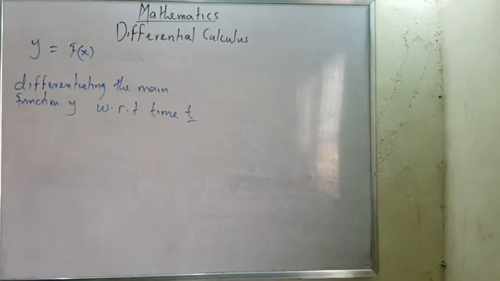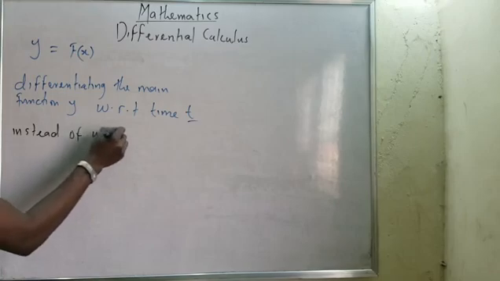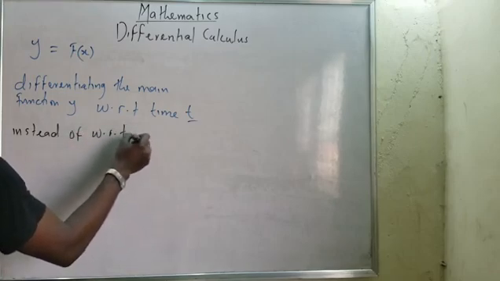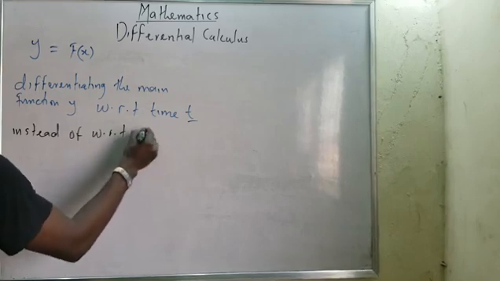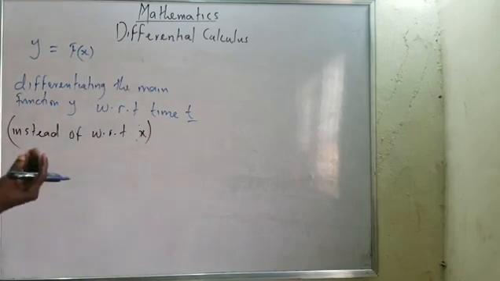That is what I'm trying to work on. Now I can say that instead of with respect to x, I'm good to go. But this is with respect to t, so there is a gap. Now, how do I go?